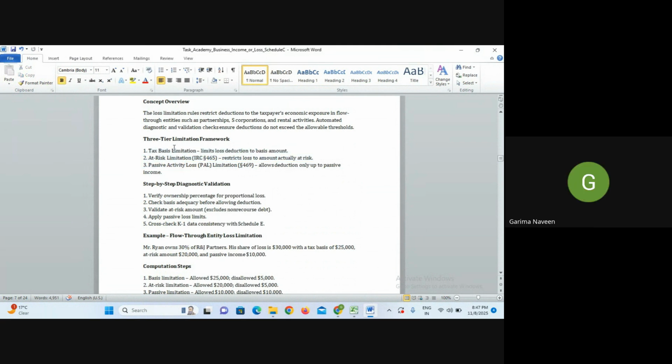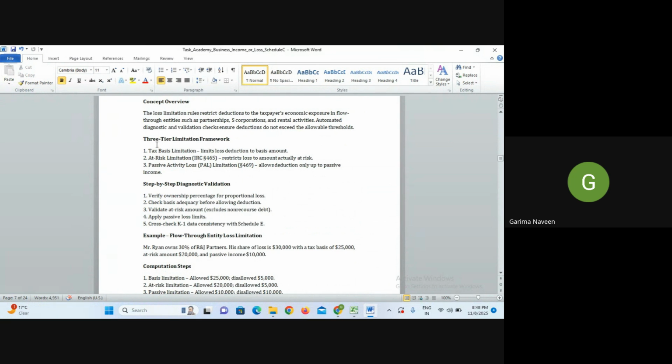Okay. So it will come in your partnership and S corporation section. A shareholder or a partner owns shares in a company and has a certain stock basis.